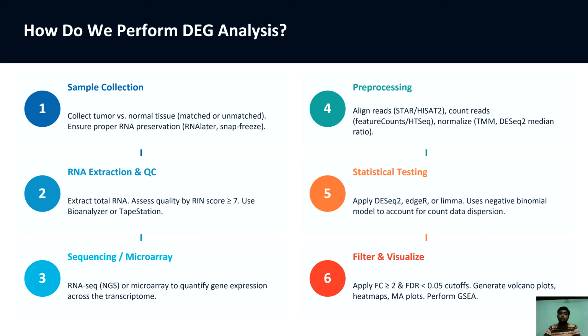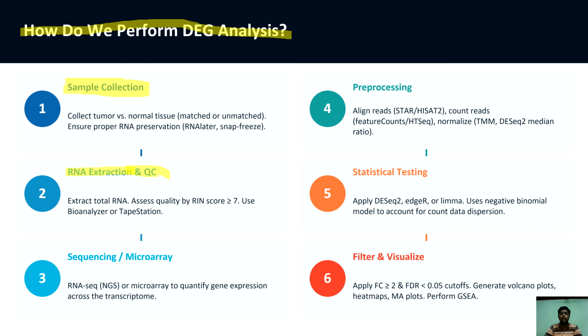And how do we perform the DEG analysis? At first, the samples should be collected from the clinics or the healthcare centers. After RNA extraction from the cultured cells from the raw samples, quality control methods are there, and we have to follow that.